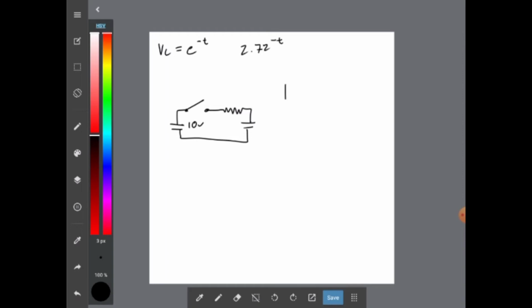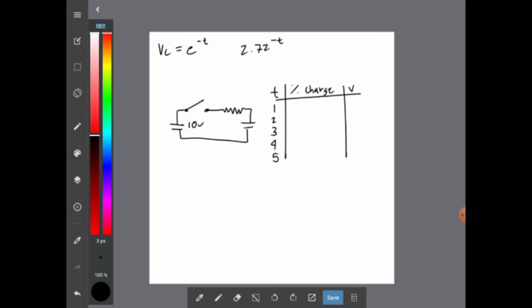Okay, so almost similar to the first one. Here's the time constant. Here is the percent of the charge of the capacitor, and here is the voltage.